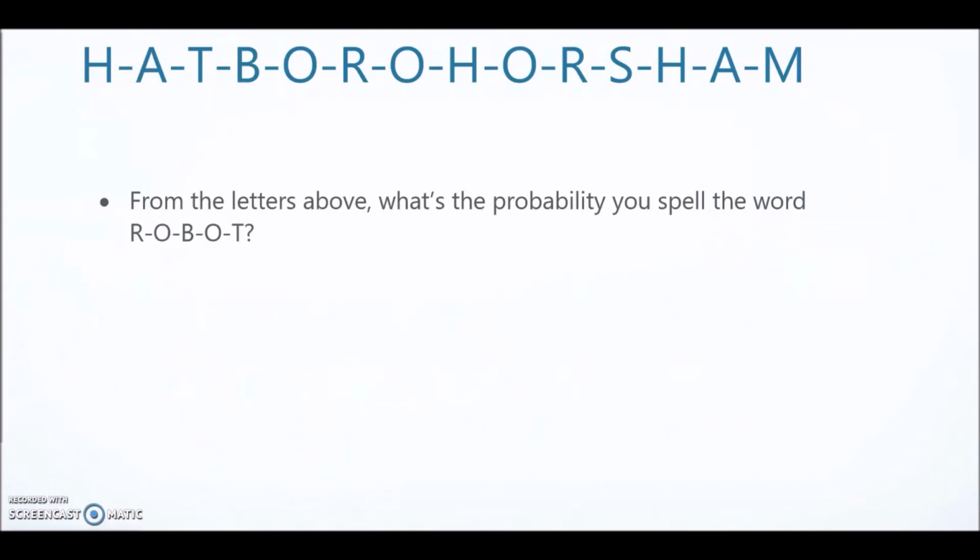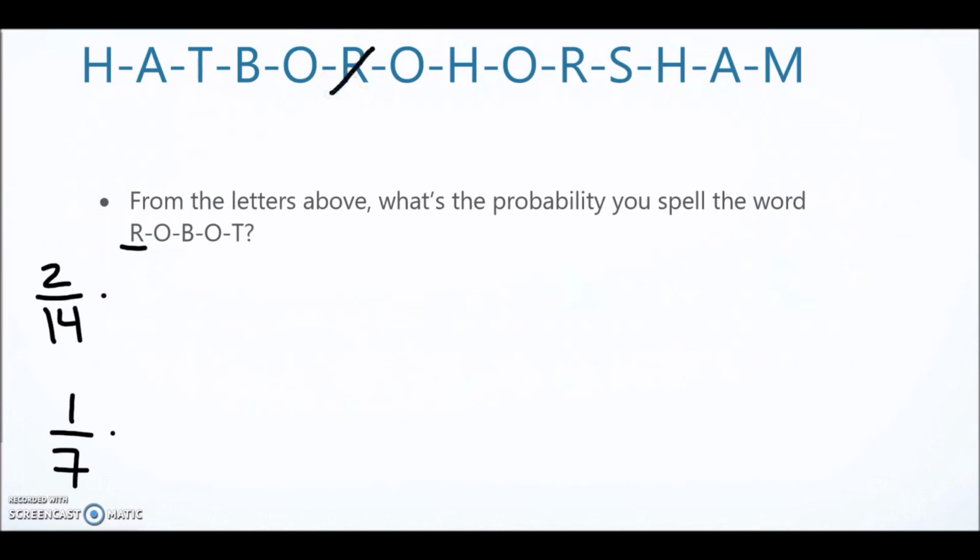What if we wanted to spell the word robot from Hatboro Horsham? All right, well, we need an R. There's 2 R's out of 14. If right away you just wanted to reduce that, you can. 1 out of 7, but I'll just leave it 2 out of 14 for now.